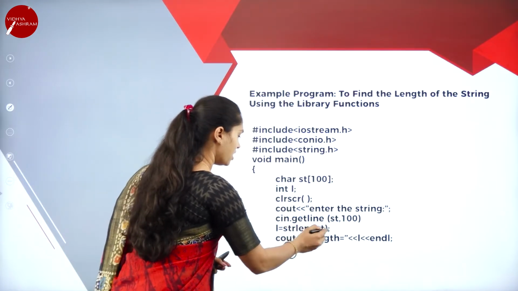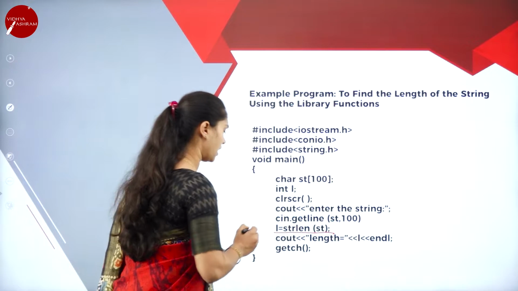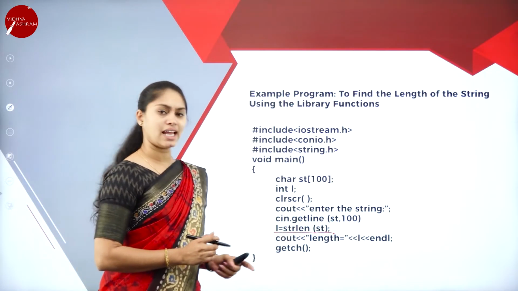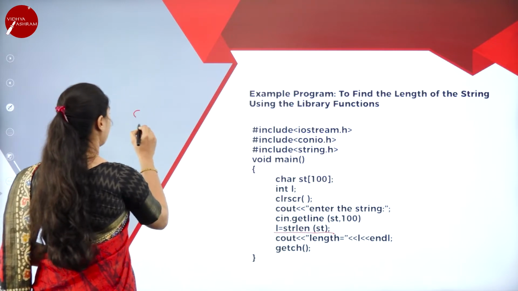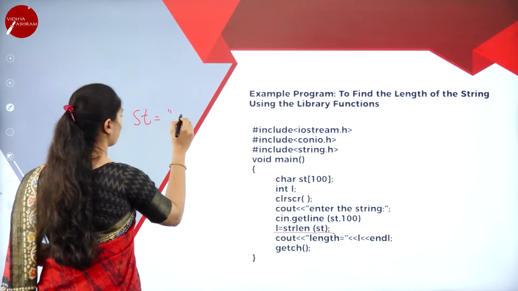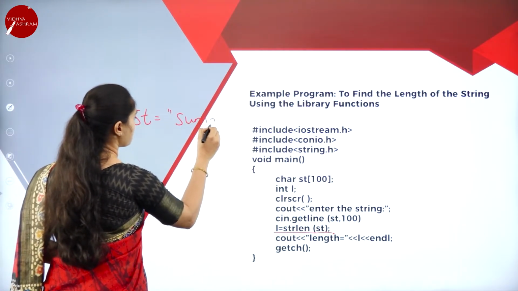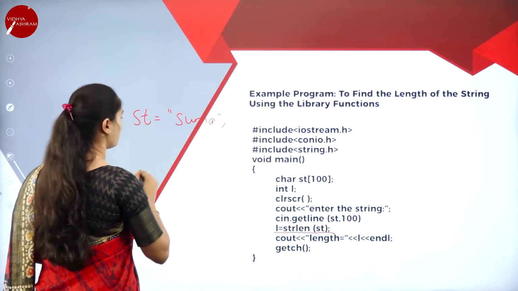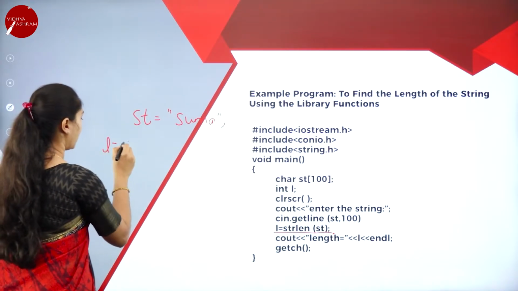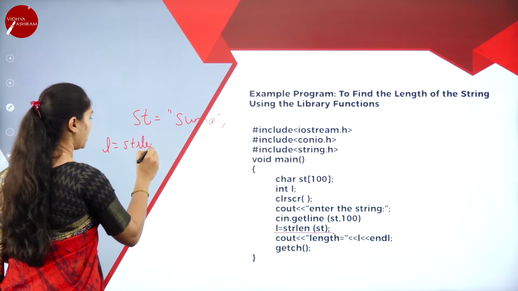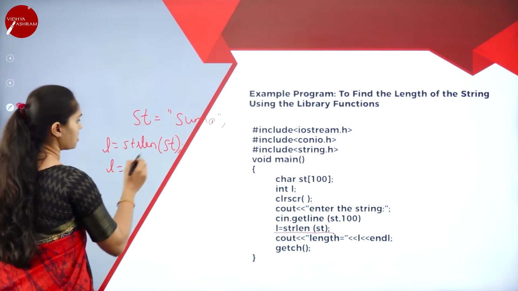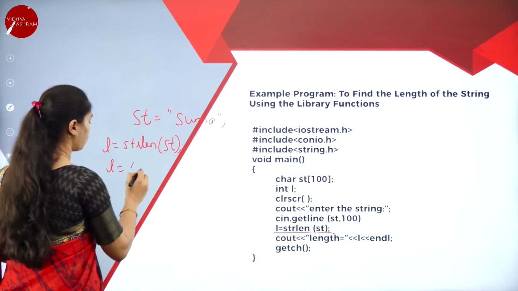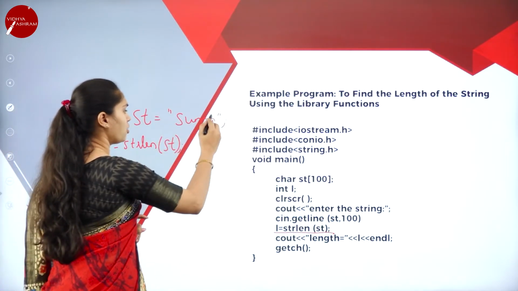L = strlen of st. For example, if I give st as Suma, and I use L = strlen of st, then it returns the value 1, 2, 3, 4. Am I taking a null value here?